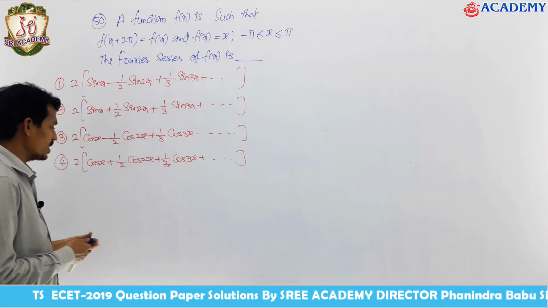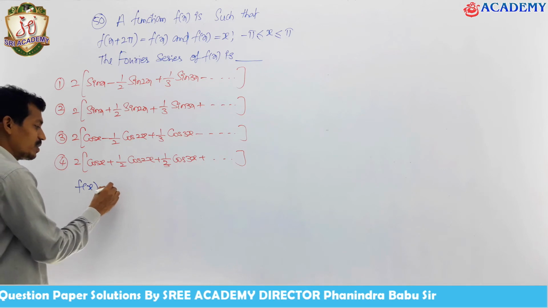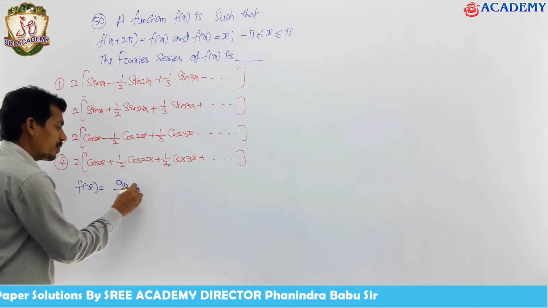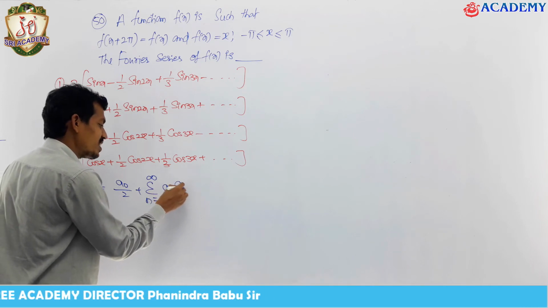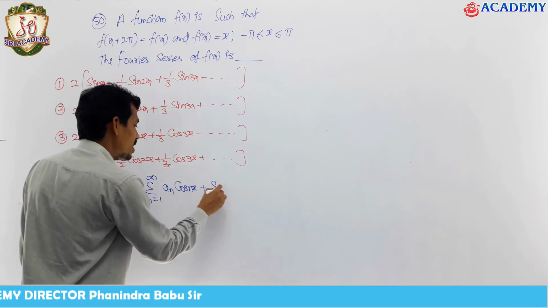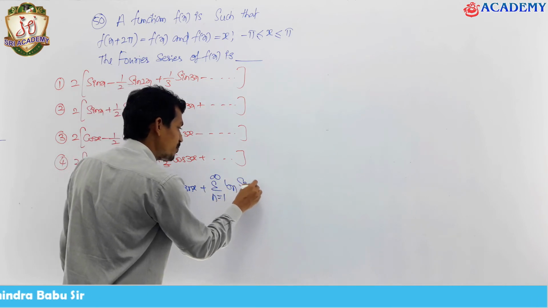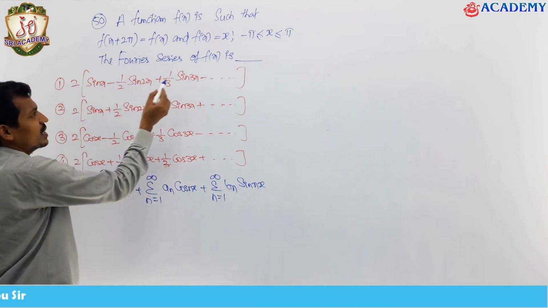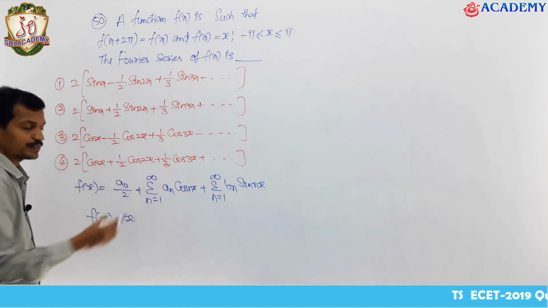Actually if you write the Fourier series, f of x is nothing but a naught by 2 plus sigma n equal to 1 to infinity an cos nx plus sigma n equal to 1 to infinity bn sin nx. But here f of x is nothing but x.